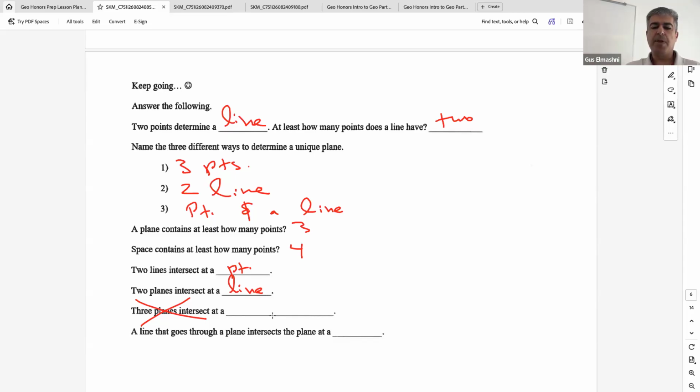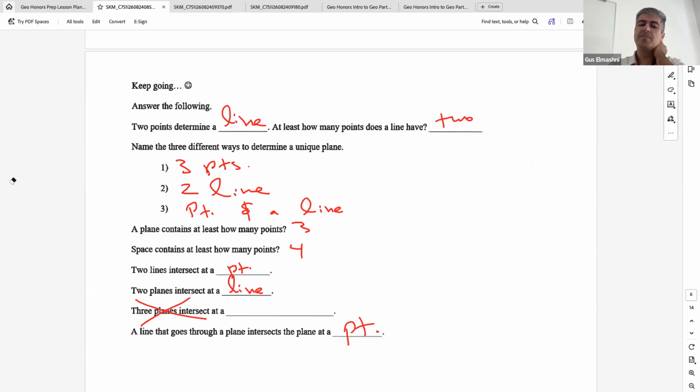A line that goes through a plane intersects a plane at a point. Because 3 planes, again, could intersect at a line, but they don't have to. Like the intersection could be space. Not space, but actually, no, if you think about it, sorry, you know what?